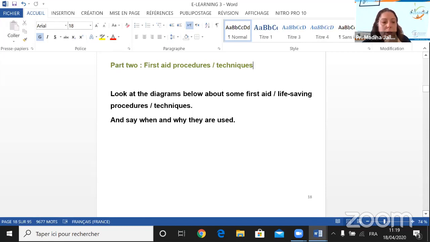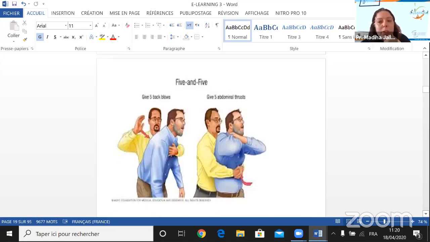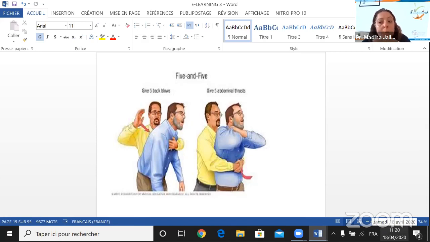Okay, the first one here, first diagram. What do you see there? Do you have any comment on this diagram? You have two pictures, one on the right and one on the left.